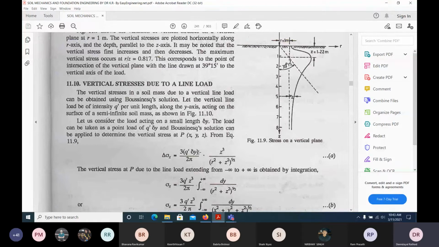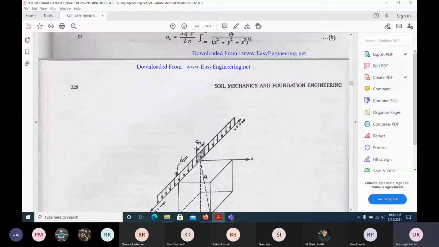Let the vertical line load of intensity q dash per unit length act along the y-axis. So the 3q that we saw in the beginning equation, here instead of q, I'm taking a small element.